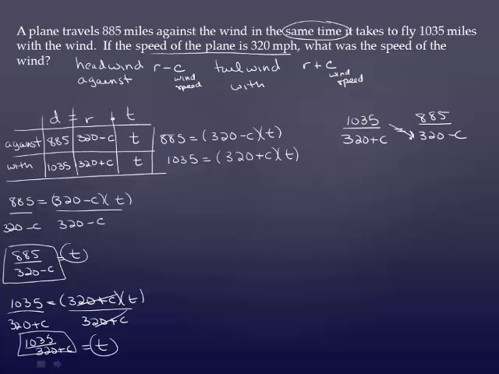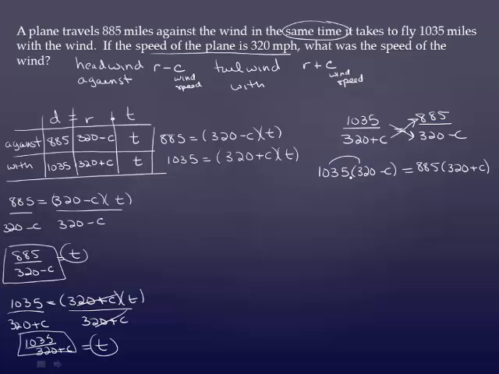Okay, I need to cross multiply. So I get 1035 times 320 minus C is equal to 885 times 320 plus C. Distributing my 1035.